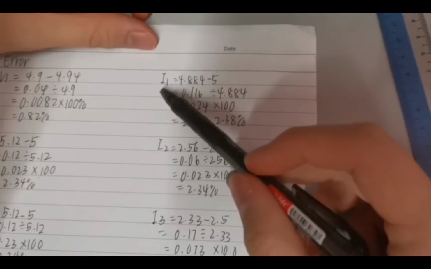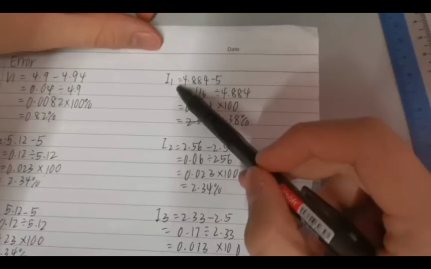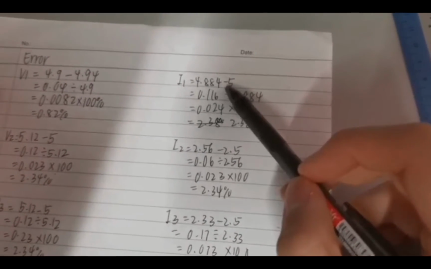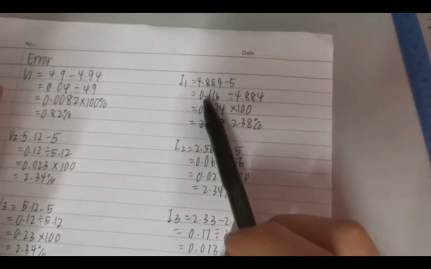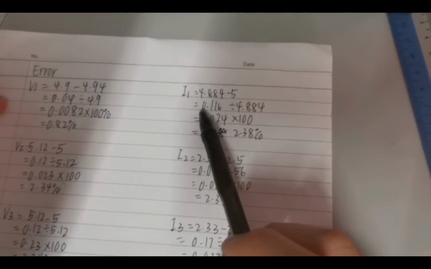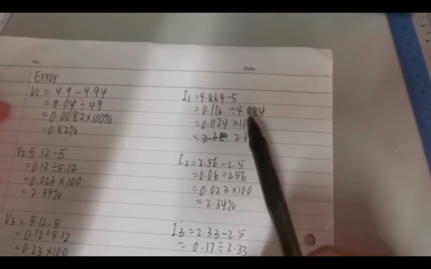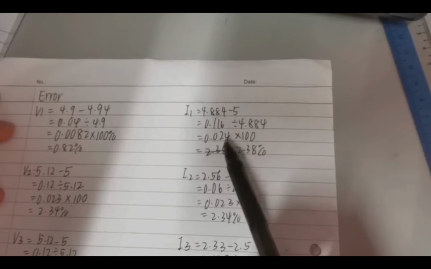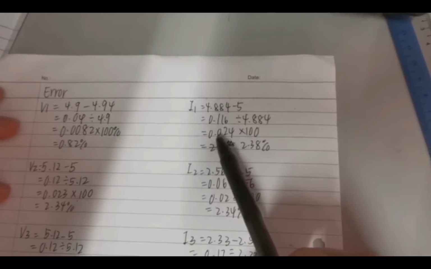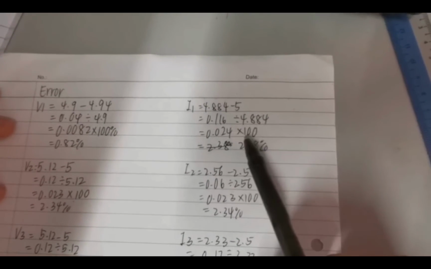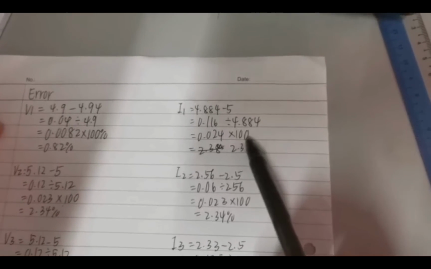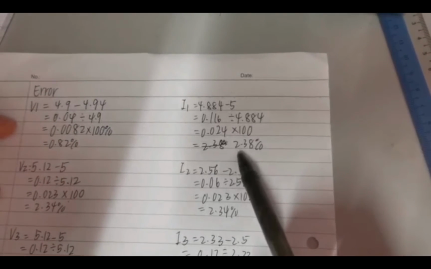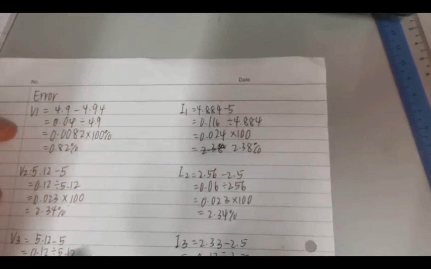Next, for the error of current, we take 4.884 minus 5, which gives 0.116, divide by 4.884, then 0.024, multiply by 100%, and we get 2.38%.